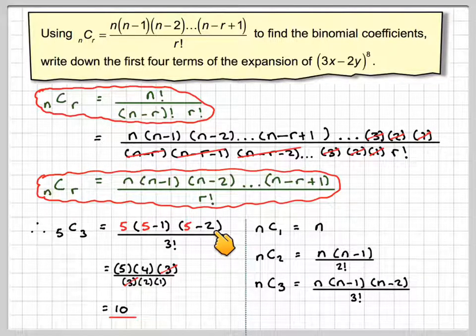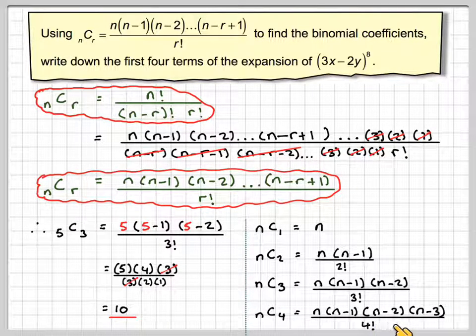So notice the last number here is always one less than the number here. And nC4 will be n times n minus 1, n minus 2, n minus 3 over 4 factorial.